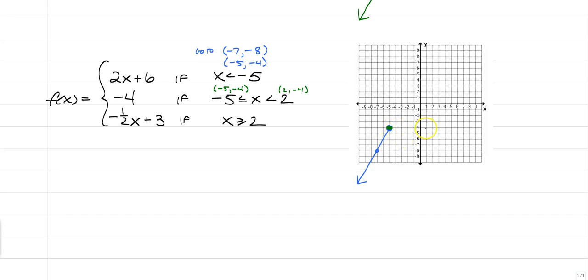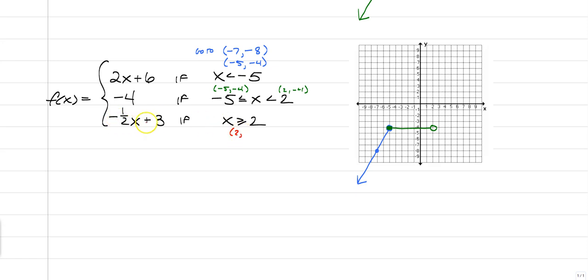And then we're going to go all the way till we get to 2, -4. This one is not included, and you just draw a horizontal line to connect the two. Because remember, a constant, f of x is equal to -4, is just a horizontal line when y is equal to a -4.